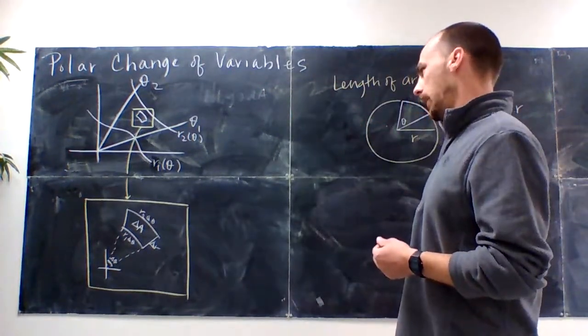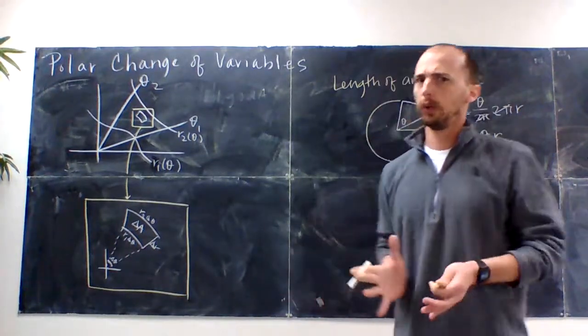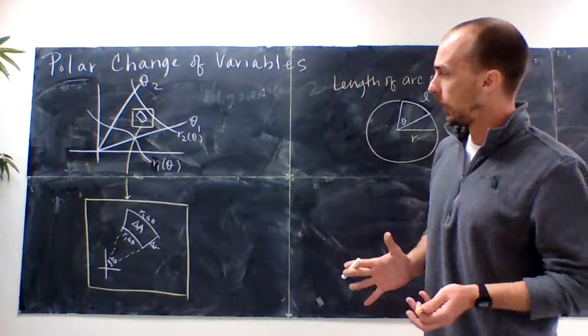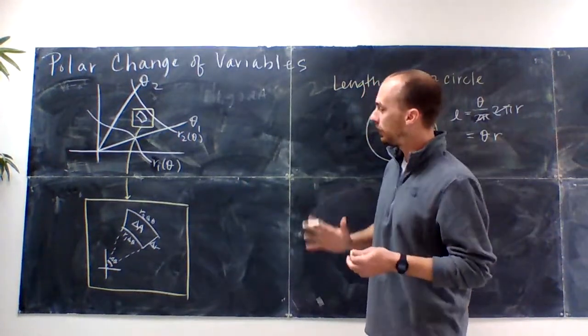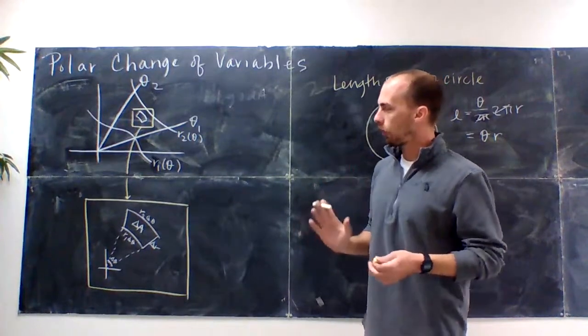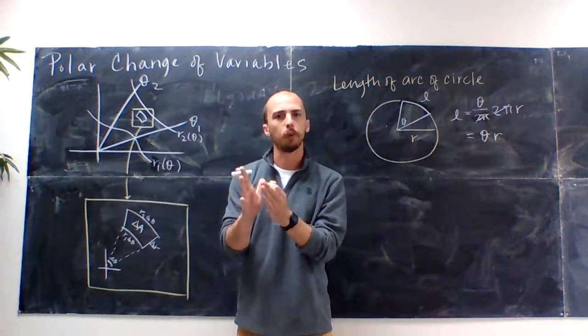Okay, so at this point, I'm going to say that we're interested in letting delta area get really small, right? And in order to do that, we're going to need delta R and delta theta to go to 0. Now specifically, as delta R goes to 0, these two arcs are going to get closer to each other.